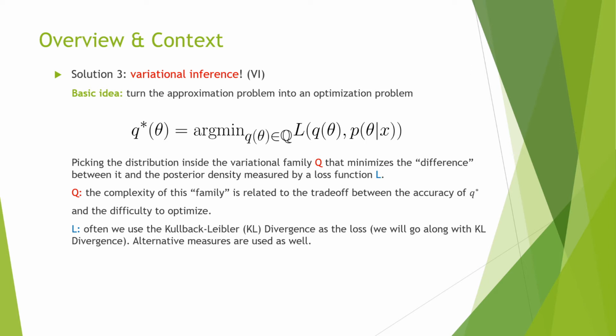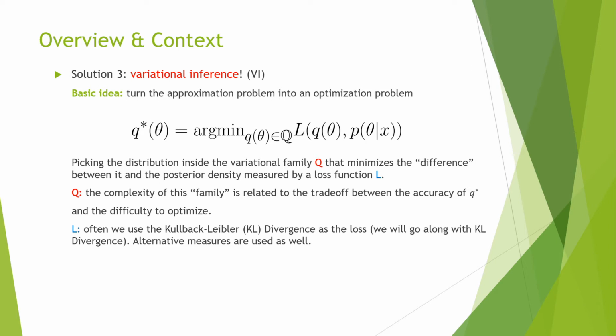This might sound complicated because we introduce two new concepts. The first is the variational family. A variational family can be treated as a collection of all distributions that we want to search and optimize in. The complexity of which determines both the difficulty of the optimization and the accuracy of our best approximation, Q star.